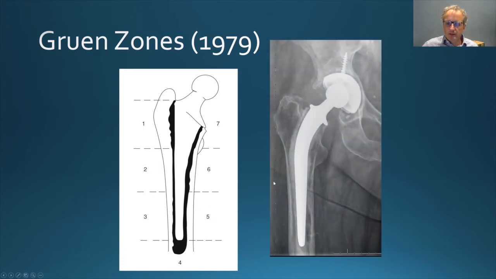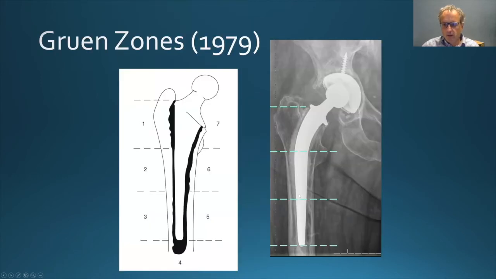So transferring that clinically, if we have a cemented stem here, and you want to describe where the radiolucent lines were, and also think about what was happening biomechanically to that hip, you can just draw your lines on. So I've got a line at the bottom, a line at the top, and divide that into 3, just the same as Gruen did.